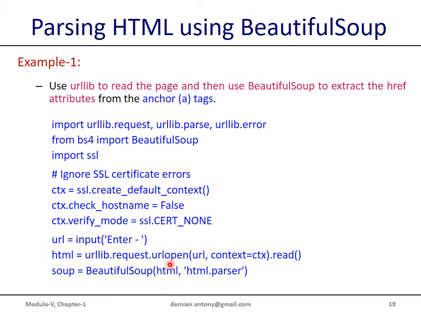So the first argument is a string containing HTML, and the second is the nature of the parser that we are going to use. And now soup is an object which contains all the useful information of a given web page. Now we can access the relevant information that we are interested in by referring to this soup object.